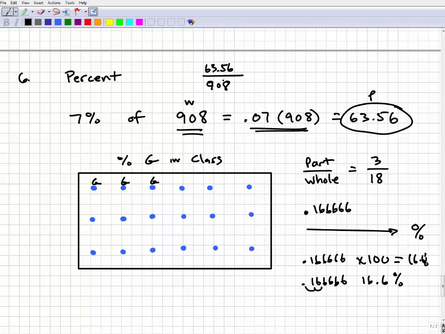So we'll have 63.56 divided by 908, and that's going to be what? 0.07. I have my decimal, but I'm not done yet. That's not the percentage. I just have this fraction represented as a decimal. To get to the percent, I've got to multiply by 100 or move the decimal point 2 places over to the right. That's 7%. And of course we knew that because that was the original problem.